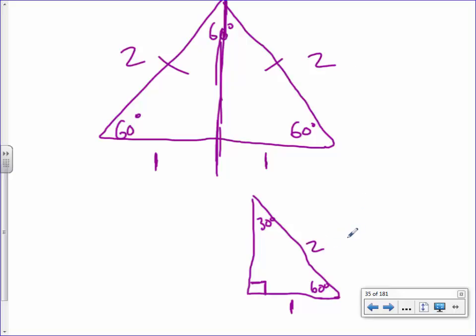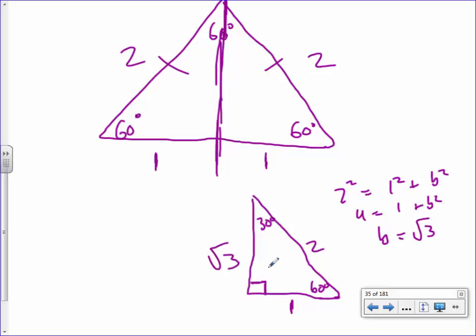That tells us the other side. And then based on that, we can use Pythagoras' theorem and say that 2 squared is equal to 1 squared plus b squared. That's 4 equals 1 plus b squared. Long story short, b is equal to the square root of 3. And this is the other special triangle.